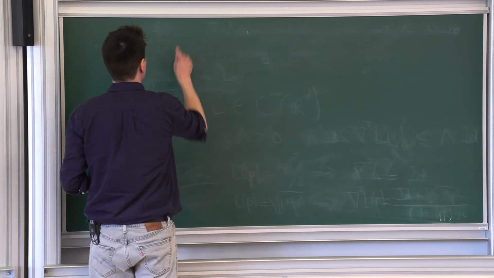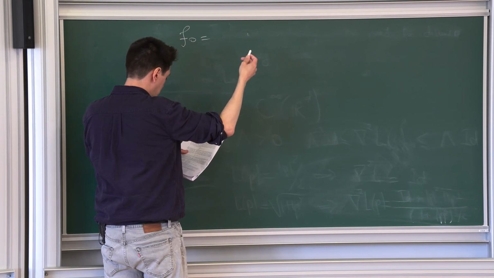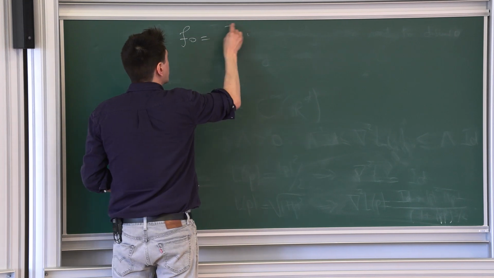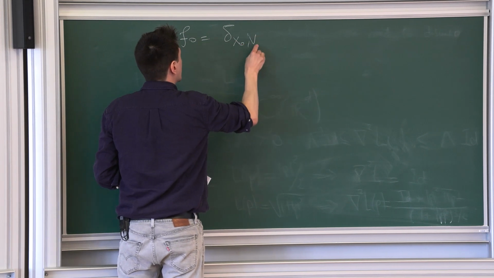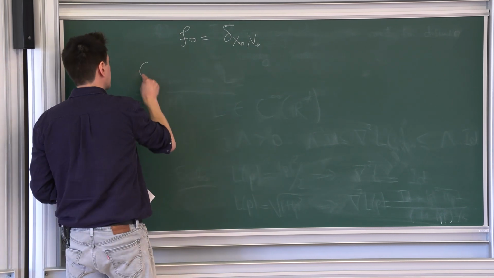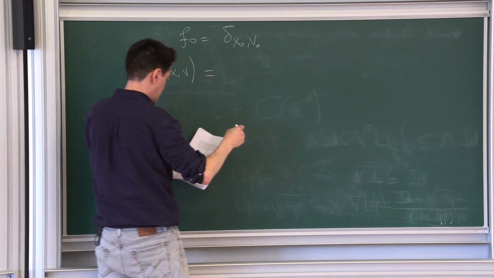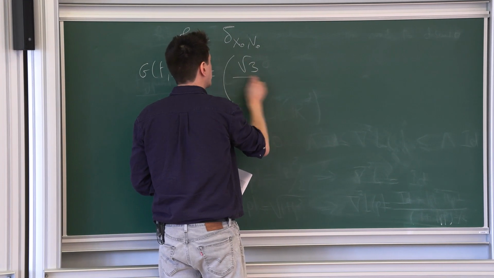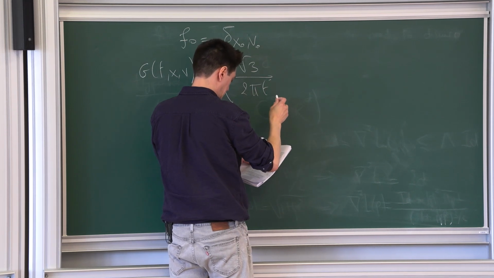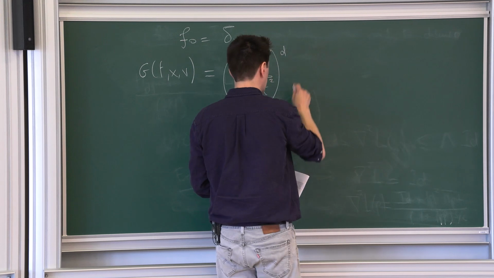So you take f0 to be a Dirac at (x0, v0), because I want to understand the fundamental solution, and you get the fundamental solution of that form, where I don't guarantee all the constants, but what matters really is the scalings.